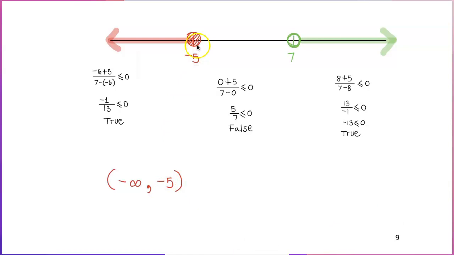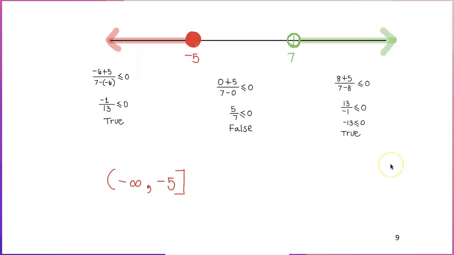Look, we have a closed circle here. A parenthesis is for an open circle, so do not put a parenthesis. Let me erase that. I'm going to put -5 and then put a square bracket after it. Anytime you have a closed circle, make sure to put a square bracket.